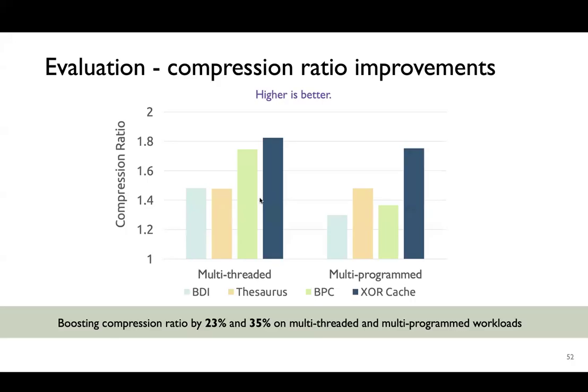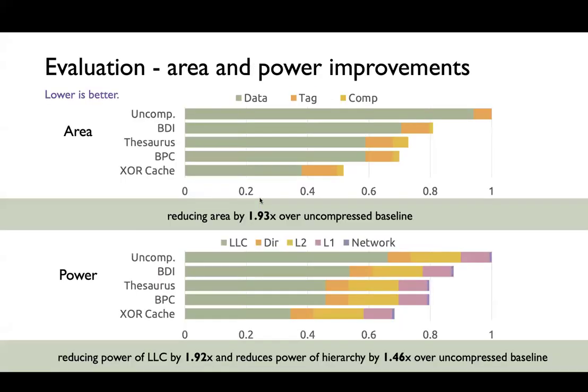And we've seen that XOR cache can boost compression ratio by 23% on multi-threaded and 35% on multi-programmed workloads. On the cost side, XOR cache can reduce area by 1.9x over the uncompressed baseline, it reduces power of the LLC alone by 1.92x, and it reduces the power of the entire cache hierarchy by 1.46x.